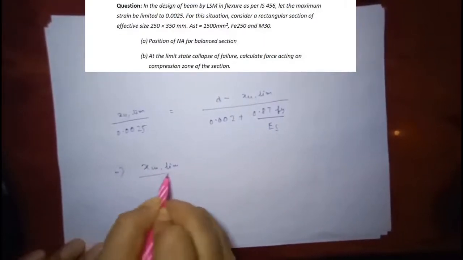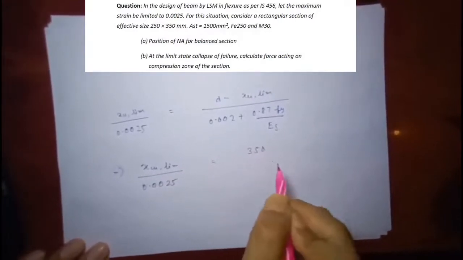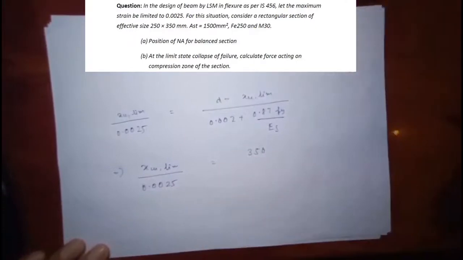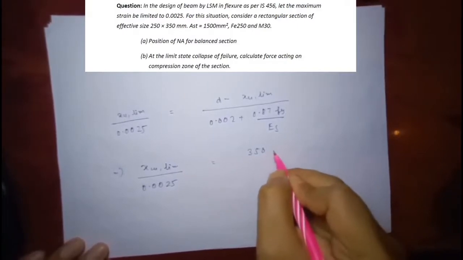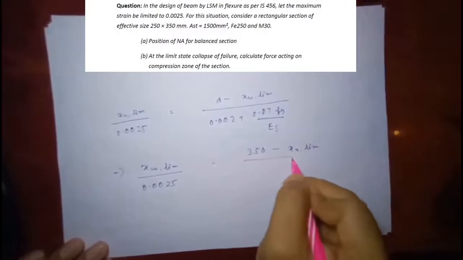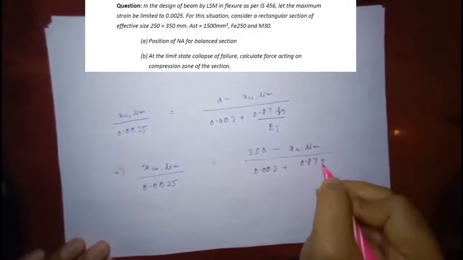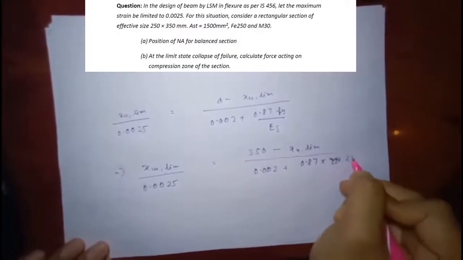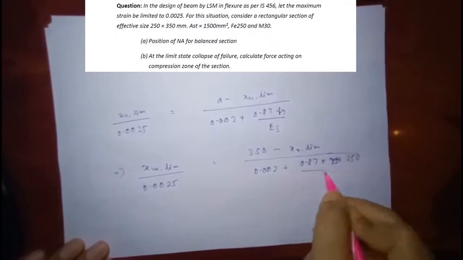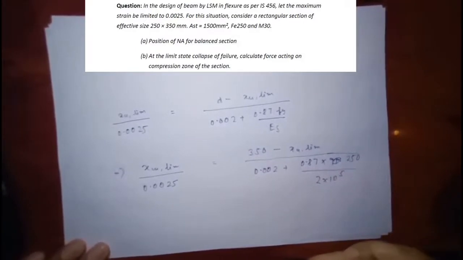Thus xu limit, which I have to find out, upon 0.0025 is equal to the depth, which in the question is given as 350 (250 cross 350 mm), minus xu limit, which I again have to find out, upon 0.002 plus 0.87 fy, where Fe 250 is given to us, upon Es, and the value of Es is 2 times 10 to the power 5.